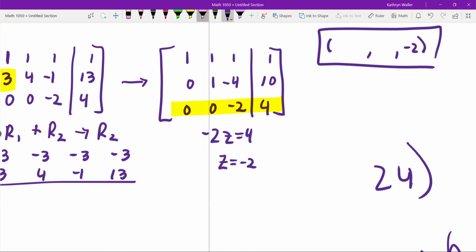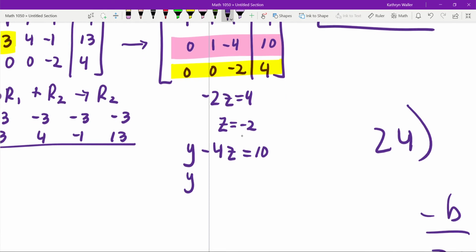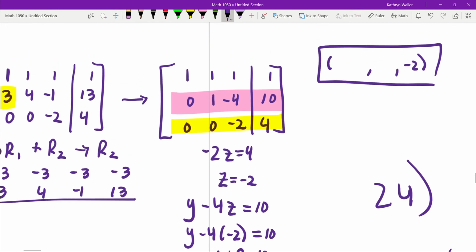Now as soon as I have that, I move to the row up above it. That means no x, 1y, minus 4z equals 10. That's what that pink row means. But I know z is a -2. So it's y minus 4 times a -2 equals 10. That's y plus 8 equals 10. Move my 8 over, and y equals 2.